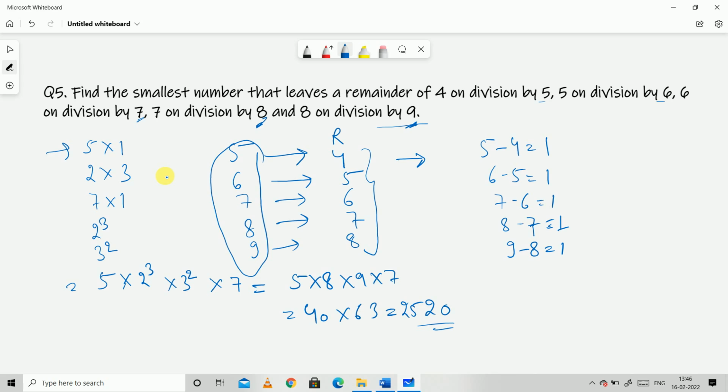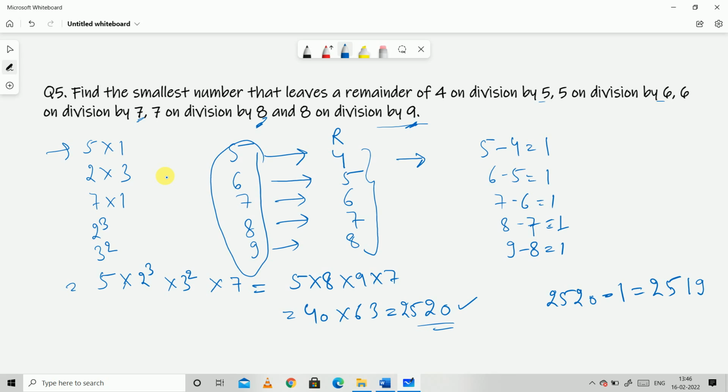Now simply subtract the common difference from it. Subtracting 1, we get our answer as 2519.